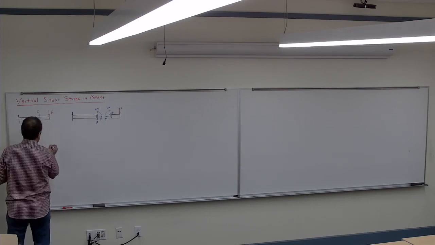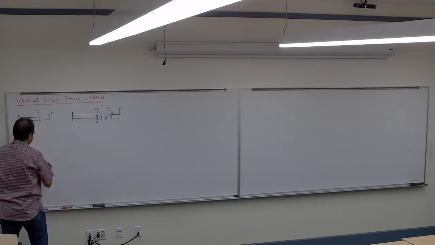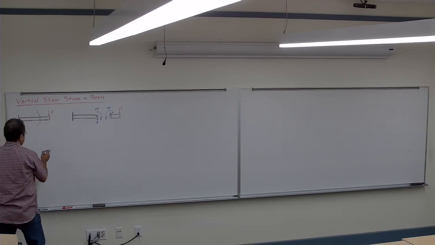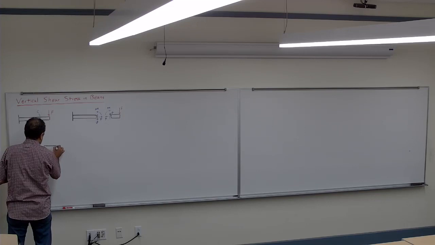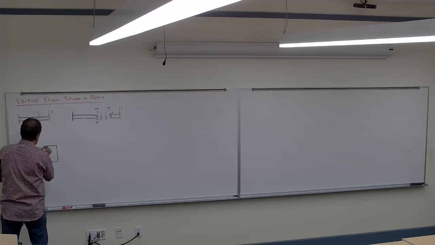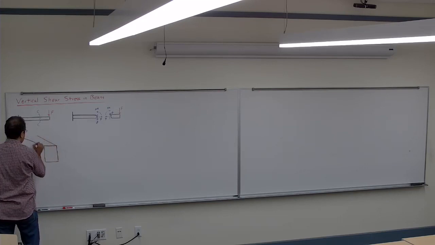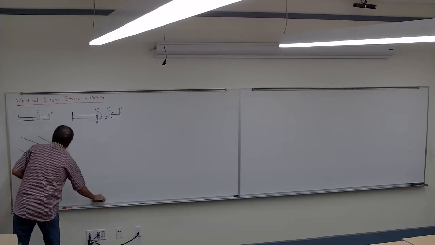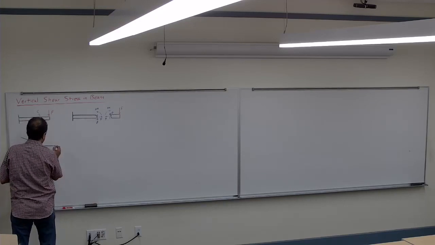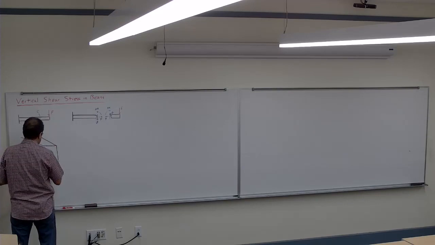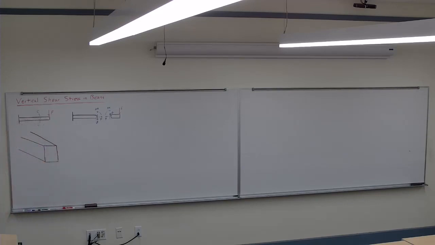So this is my cross section at point C. I said, assume this is the CC section.